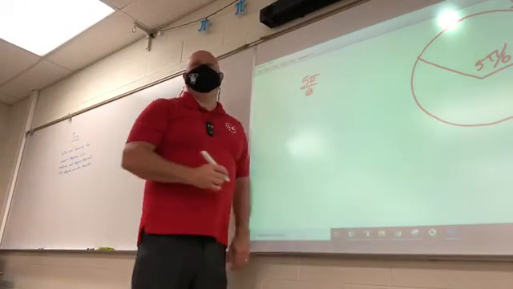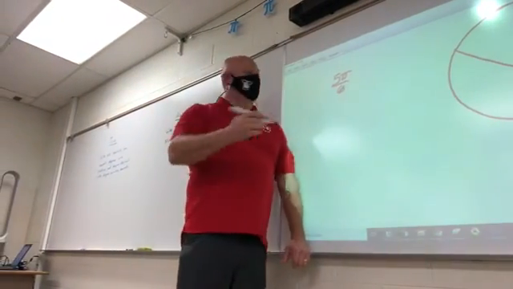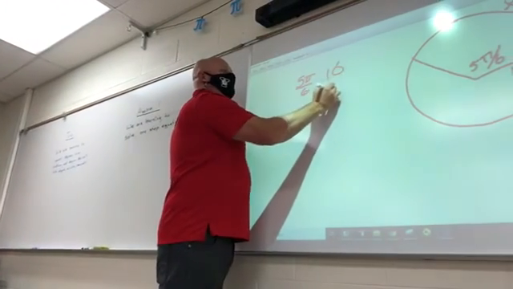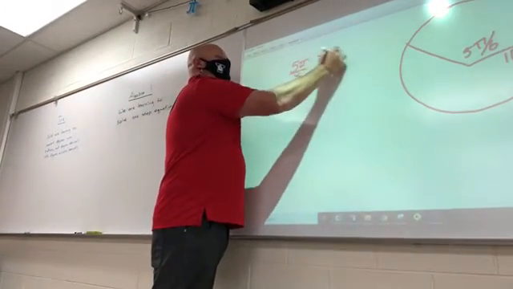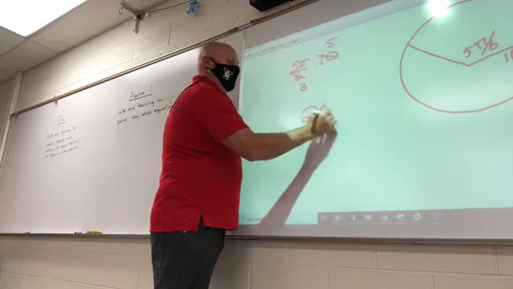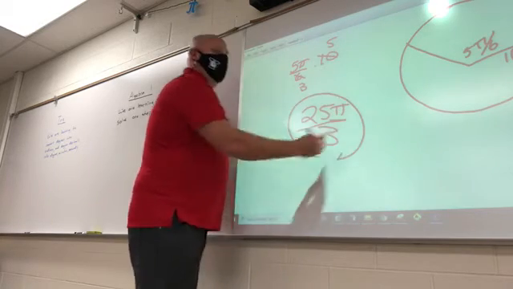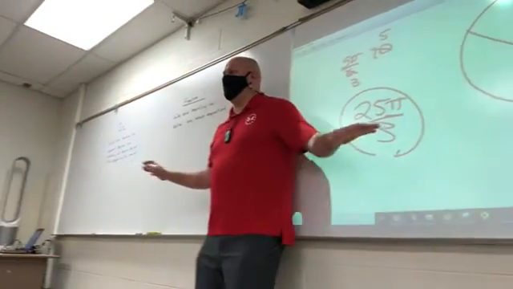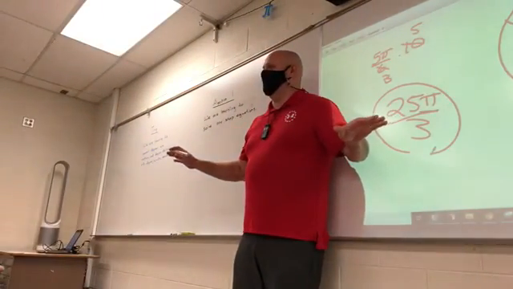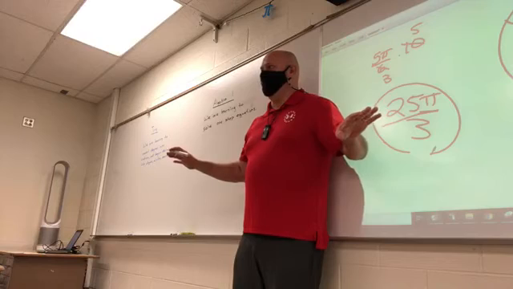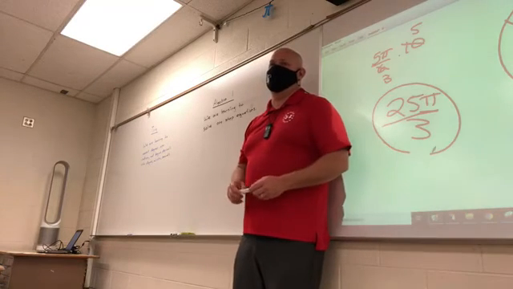What do I do with the 5 pi over 6 and the 10? Times them. Done. Just times. Easy? Don't be surprised if I throw one of those on your quiz tomorrow too.